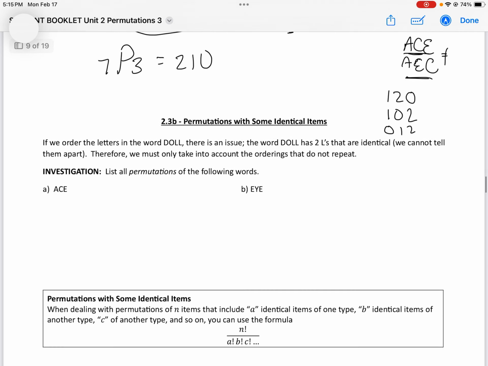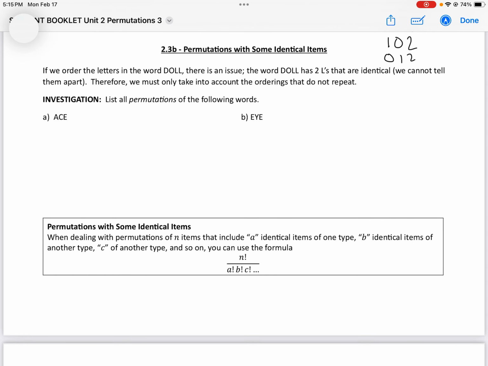Now, let's talk about permutations with some identical items. So, if we order the letters in the word doll, there's an issue because doll has 2 L's that are identical. So we can't actually tell them apart. Therefore, we must only take into account the orderings that do not repeat. So like above, ACE, let's list all permutations of the following words.